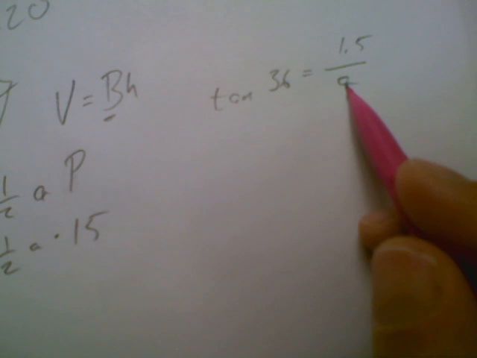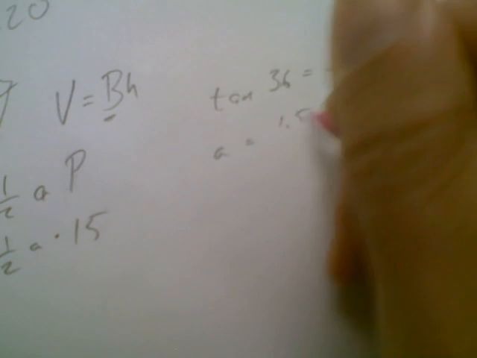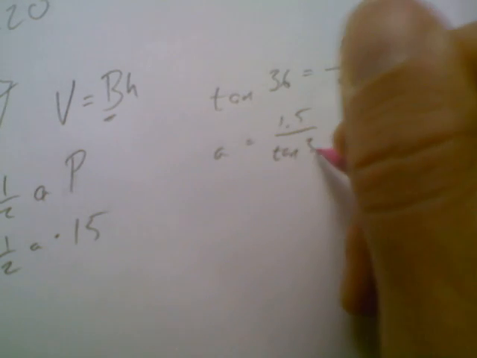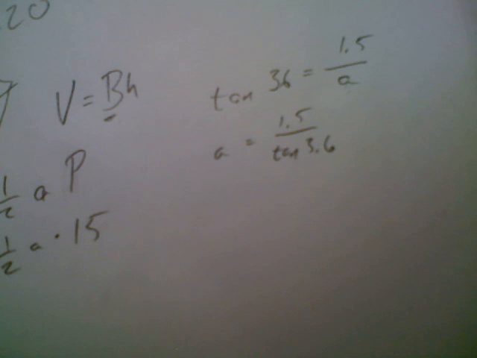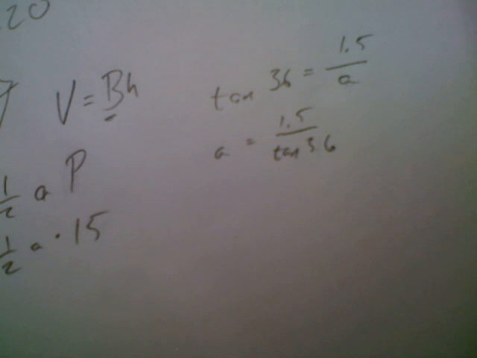Remember, when we have one in the denominator, we need to find it. Really, all we have to do is switch them. So the apothem is going to equal 1.5 divided by tangent 36. So we do that using a calculator. 1.5 divided by tangent 36, not 3.6, my mistake. Tangent 36.